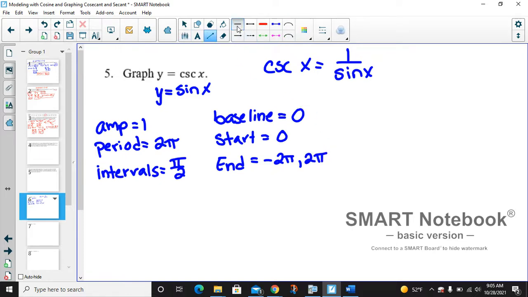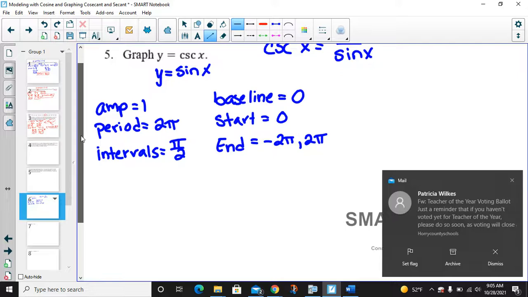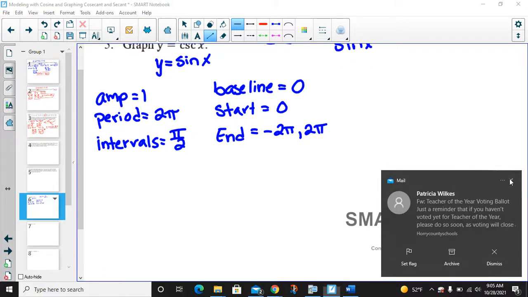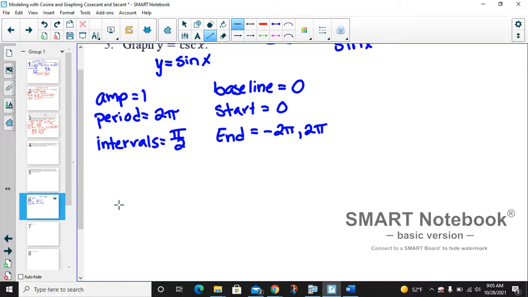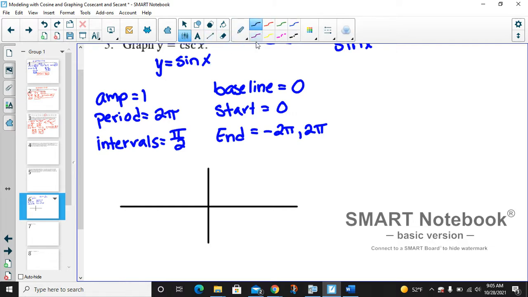I'll go ahead and get started here. We'll give ourselves an axis. Right now we are starting on 0, so I can make that the y-axis. I know my amplitude is just 1, so I'm going up to 1 and down to negative 1.